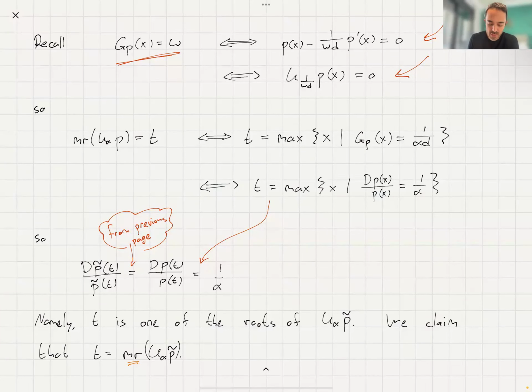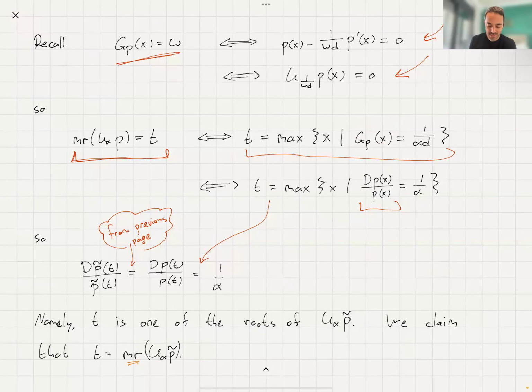So in particular, if we know that T, and we know because that's how we define it, is the max root of U alpha P, then it's the same thing as saying that T is the maximum X for which this equality holds. And unnormalizing the Cauchy transform, it's the same thing as saying that T is the maximum X for which the unnormalized Cauchy transform, P prime over P, is 1 over alpha, because these two are related by a factor of little d.